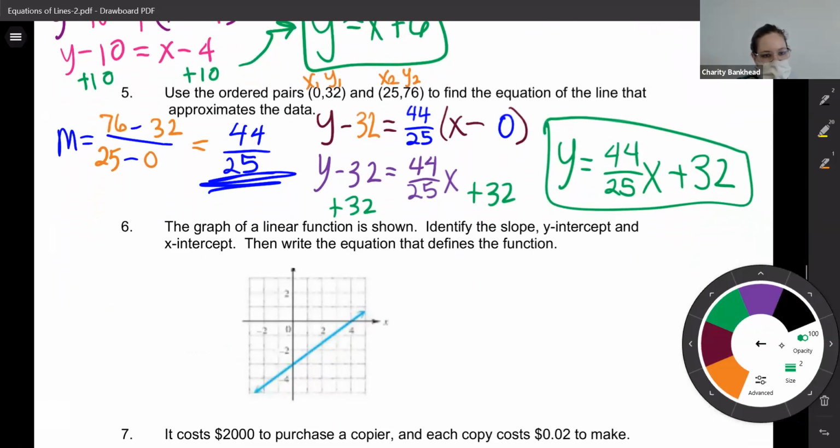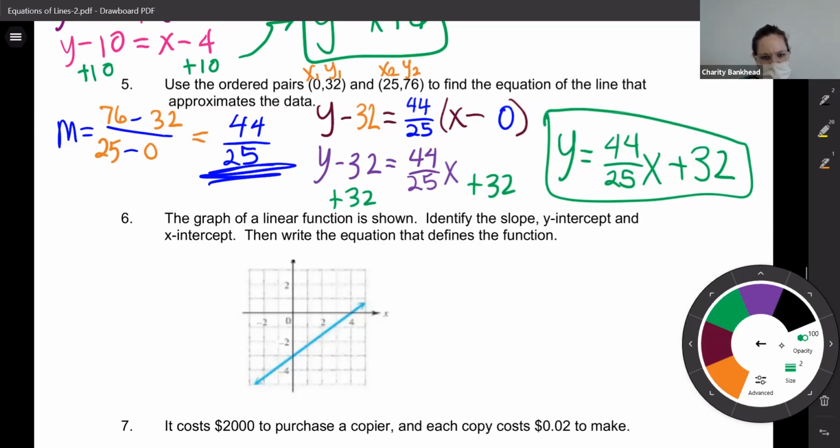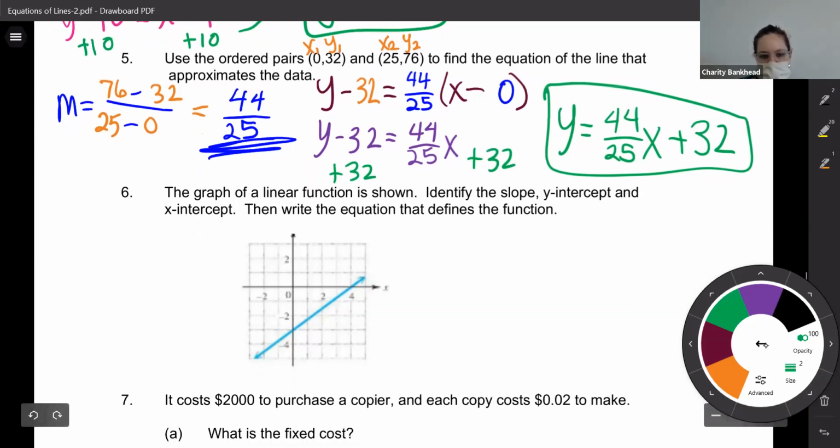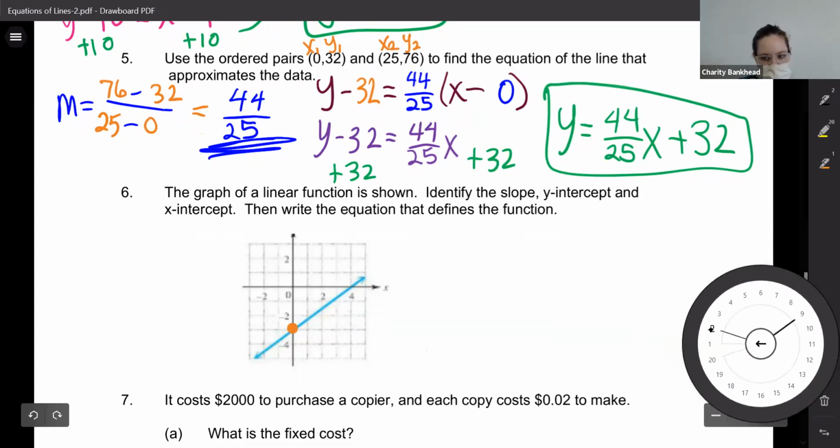All right, number 6 says the graph of a linear function is shown. Identify the slope, y-intercept, and x-intercept. Then write the equation that defines the function. So the y-intercept is right there at -3. That's b equals -3.